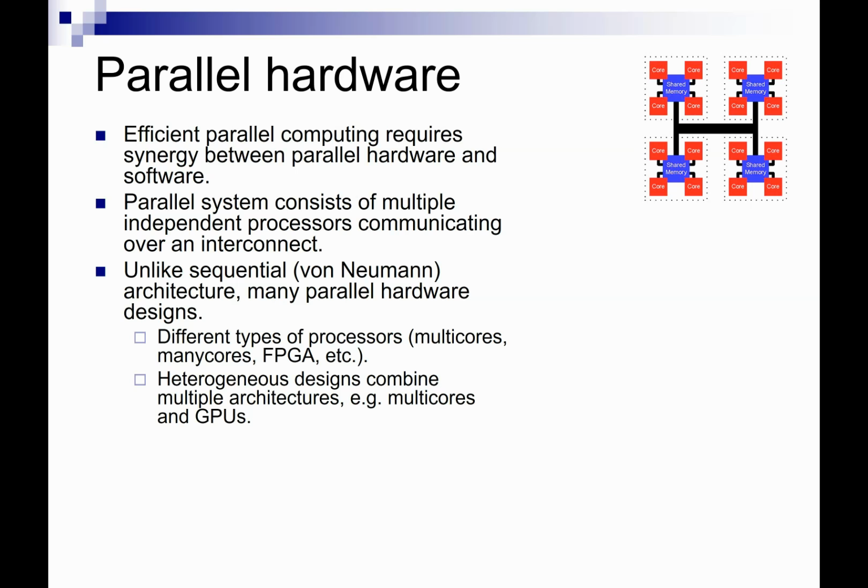Now, as you can imagine, you can combine the shared memory and the network in many different ways, and these different combinations lead to different types of parallel hardware designs. In addition, the cores themselves, these little red regions over here, represent either cores or processors, and they can be designed in different ways.